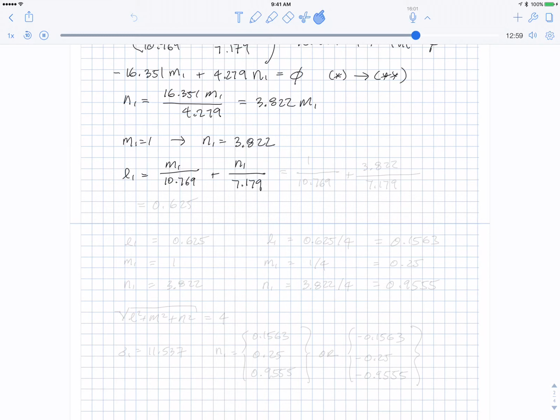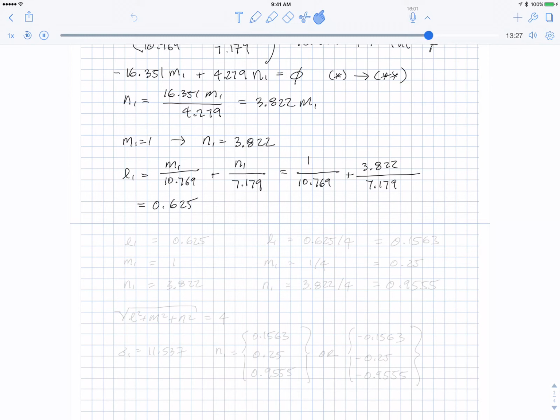So that will be 1 over 10.769 plus 3.822 all over 7.179, and that comes out to 0.625.